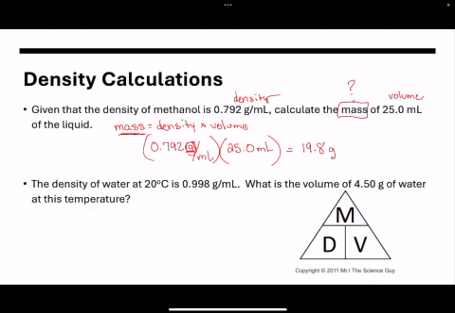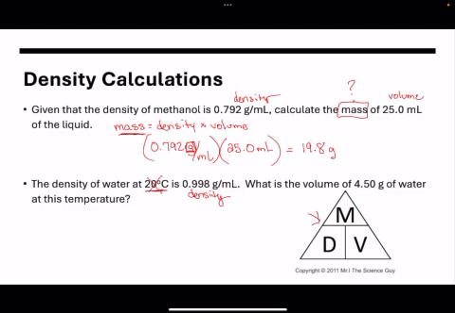Okay. Here we also have the density of water in our second problem at 20 degrees as 0.998 grams per milliliter. So this is our density. Now notice they gave us a temperature here, and we'll talk about the fact that density is affected by temperature later. But in our triangle or our density equation, we don't have a temperature.